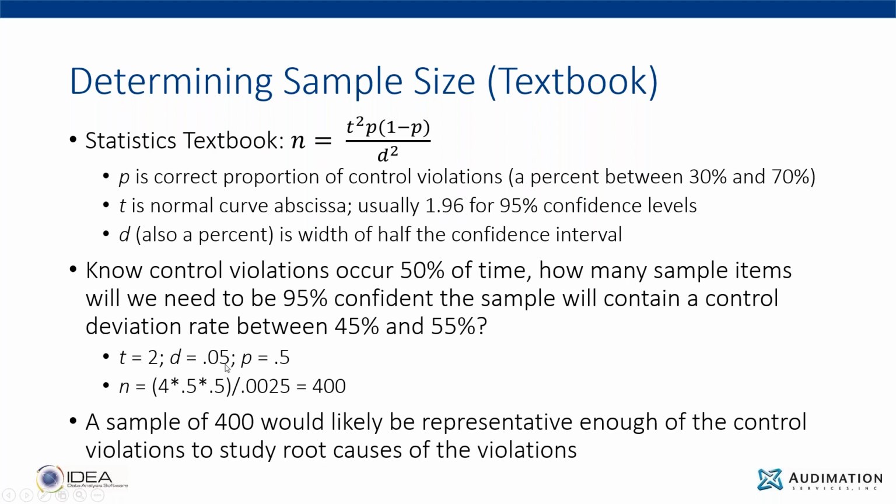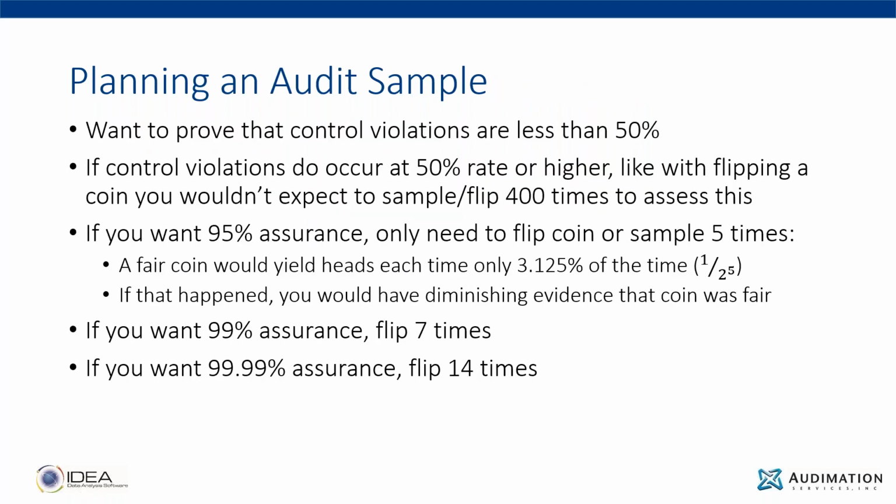And you want 5% on each side of the 50%. Plug those into the formula, and you get 400. So a sample of 400 would likely be representative enough of the control violations if you wanted to conduct a study of root causes of the violations. Now, this, of course, means as if you know what the control violation rate is already. And that's usually not the case when we're planning an audit sample. Usually we don't know what the control violation rate is.